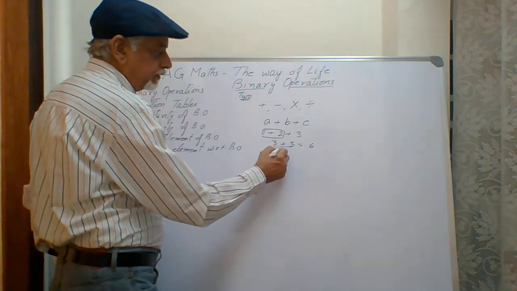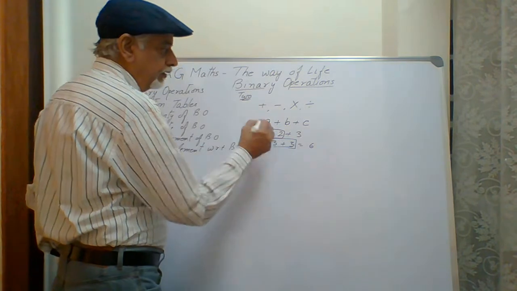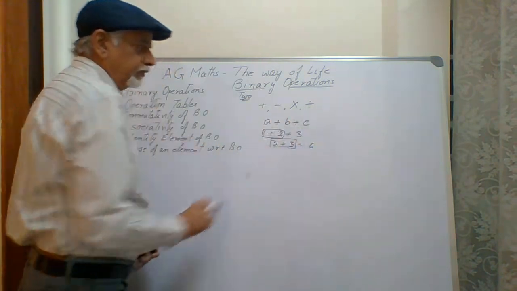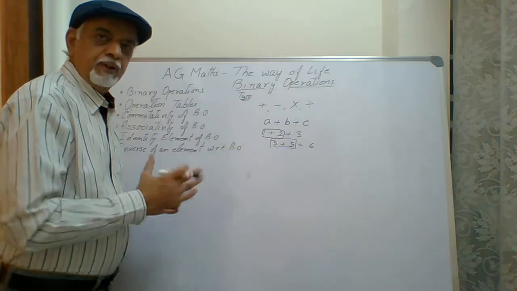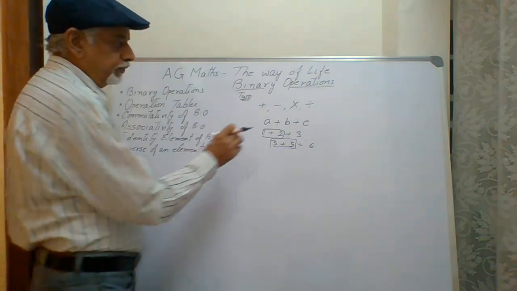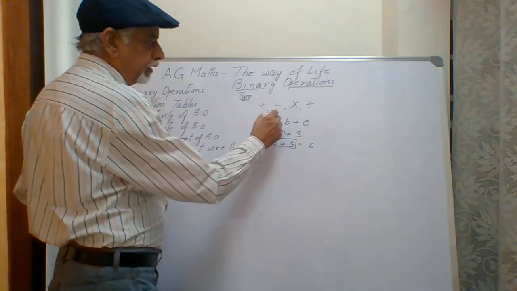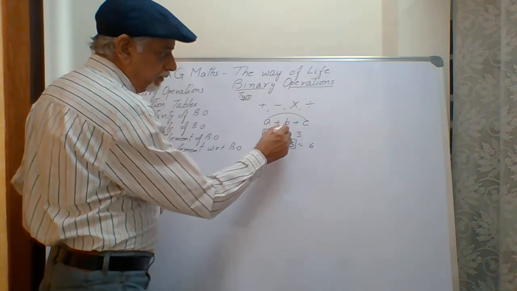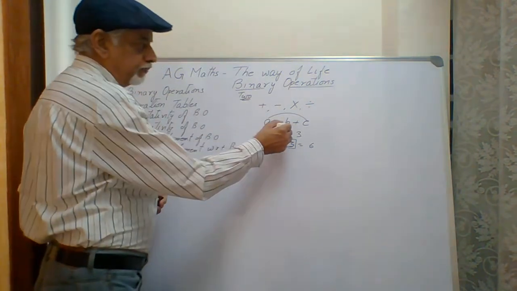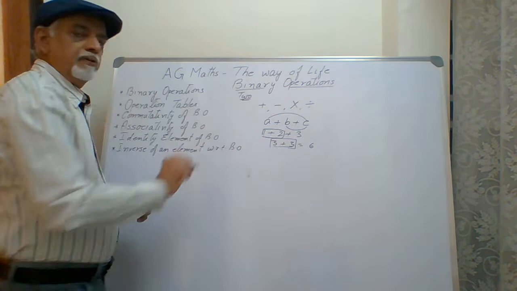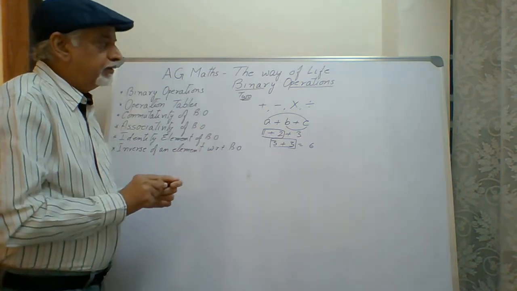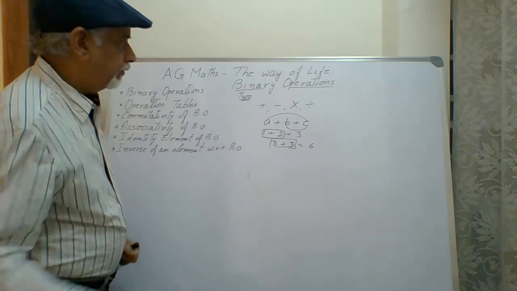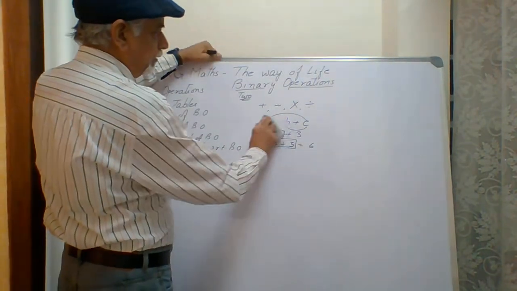So here again it is a binary operation. We cannot perform the operation on three elements together. A plus b plus c all together we cannot do. We have to pick up any two. Either you pick up a and c and then add the result with b, or you take b and c, then add the result with a. So it is always with two of them. Binary operation in addition is with two of them.